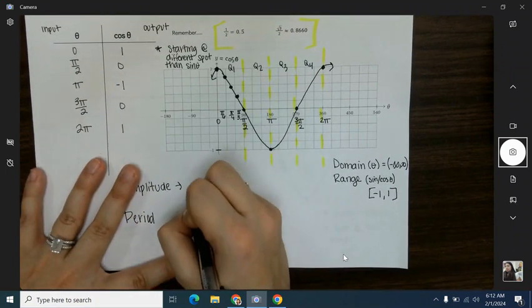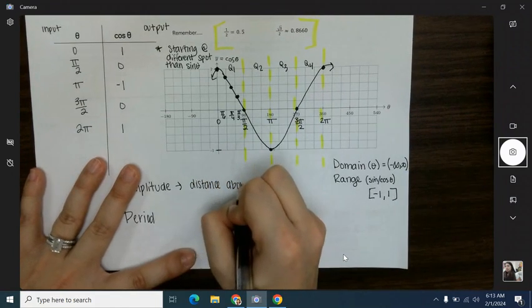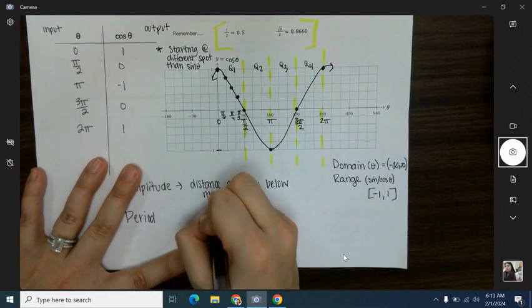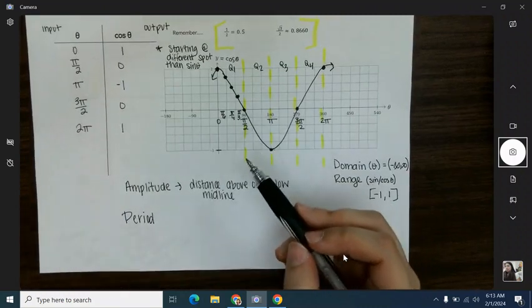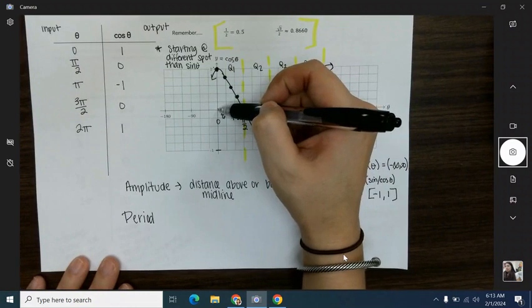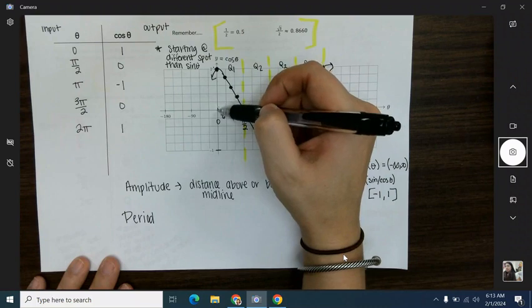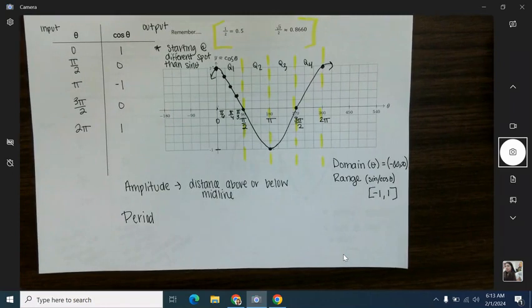So the amplitude is the distance above or below the midline. So we would say in both the example of sine and cosine that our amplitude is 1, because from 0, which is our midline, we're going +1 up and we're also going -1 down. So we wouldn't say that the amplitude is -1 to 1. We would just say that it's 1 because you're 1 distance away from 0.